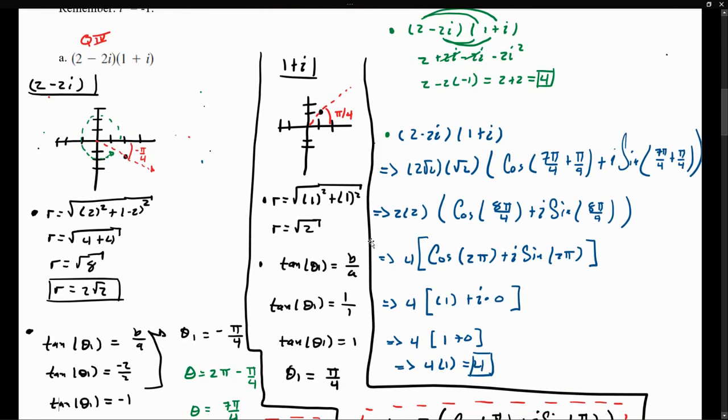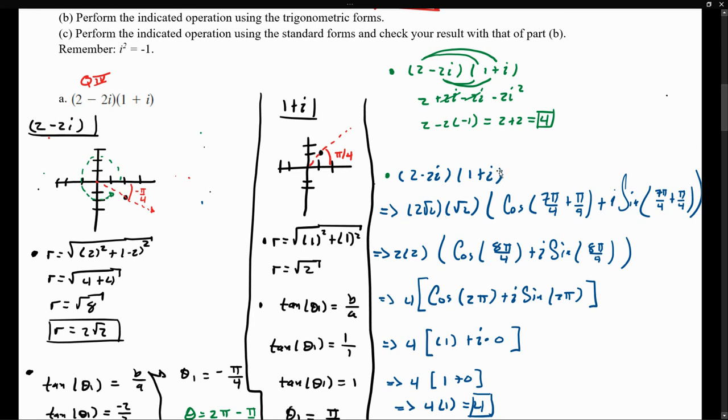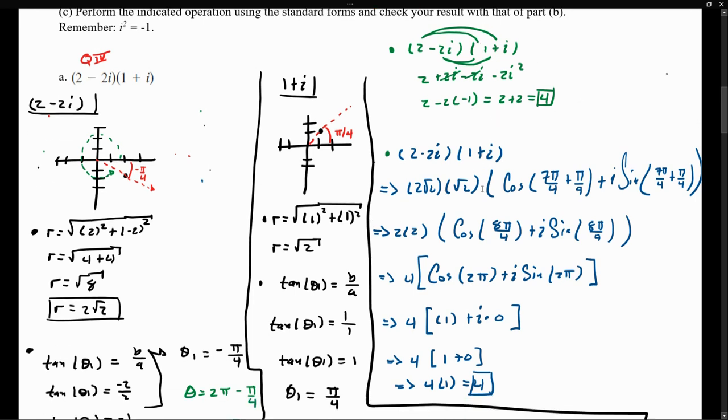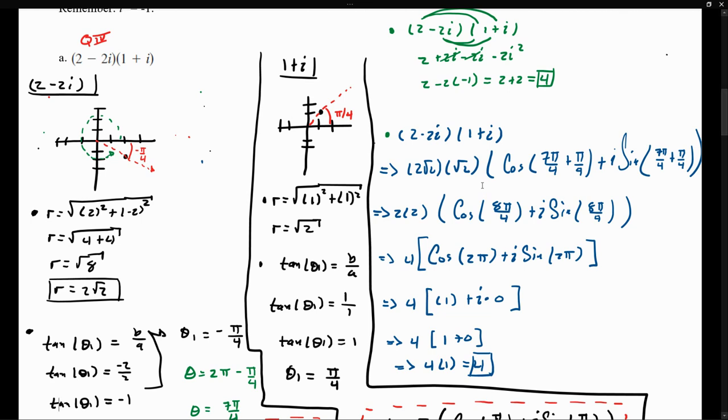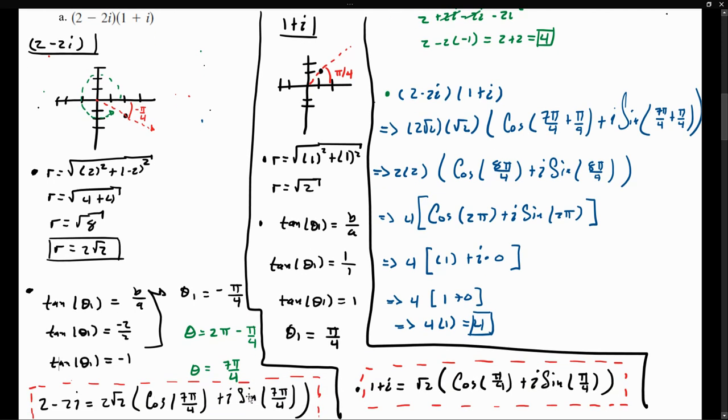So we have confirmed that this formula works. Again, a very good side note is that if we want to use this formula, your complex numbers need to be written in polar form.